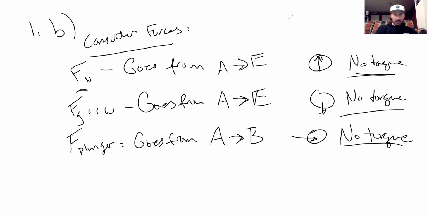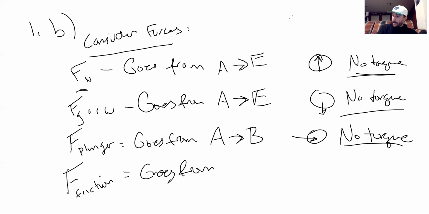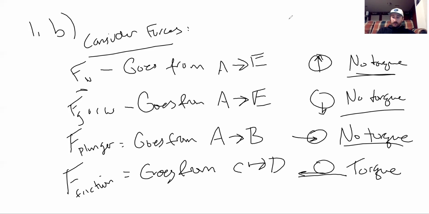The last is the force of friction. It goes from C to D. So if I look at the sphere when it's rolling, the friction is going to oppose motion at the place of contact. A force acting in this direction on a sphere is going to apply torque onto the sphere.